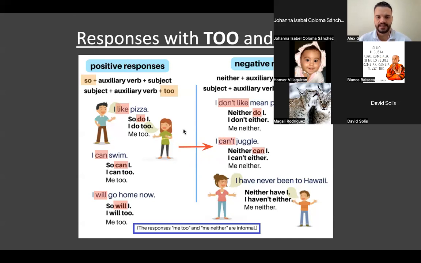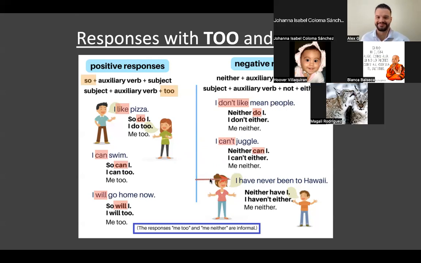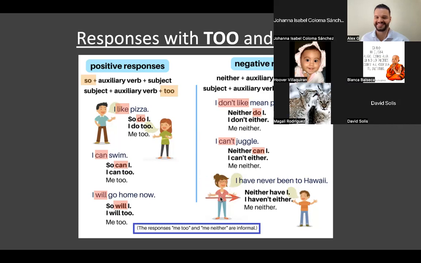And we have one more example. Blanca, can you please read the final example? Yes. I have never been to Hawaii. The neither answer? Neither have I. I haven't either. Me neither. Excellent. Okay, guys.